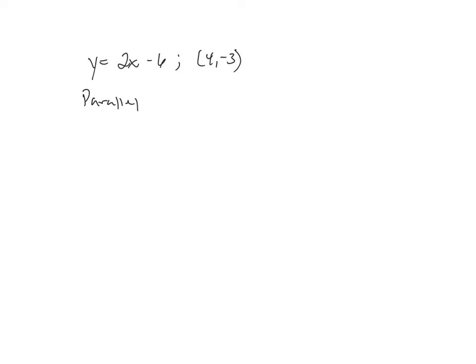I'm going to do parallel on this side and perpendicular on this side. Remember that way down here, I know my answer is going to be y equals 2x plus, I don't know what the b is going to be, but I know the slopes are the same and the slope is 2. And then perpendicular, I know that it's going to start with -1/2 because we do the negative reciprocal, and then I don't know what the ending is going to be.